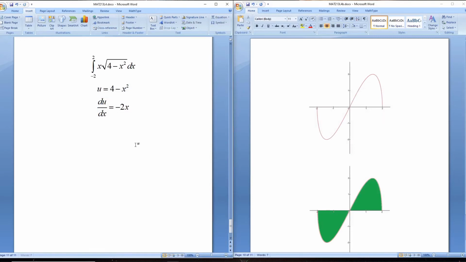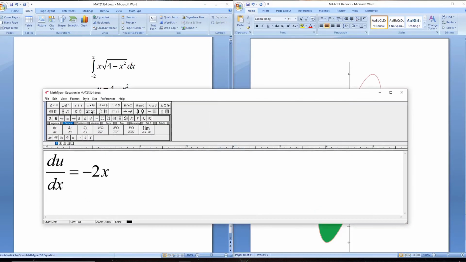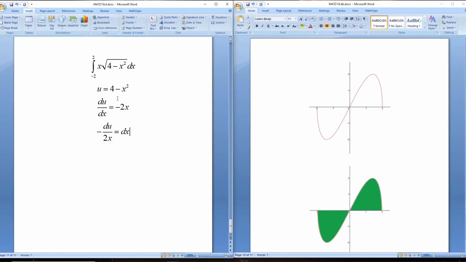Once we have our derivative, we solve for dx. So we'll multiply both sides by dx, divide both sides by minus 2x. And that minus sign I'm just going to stick in front there because it looks nicer. And then once we have our information, we will plug it into the integral.